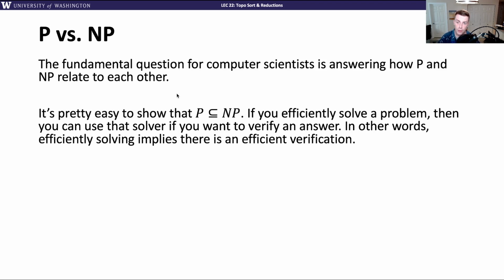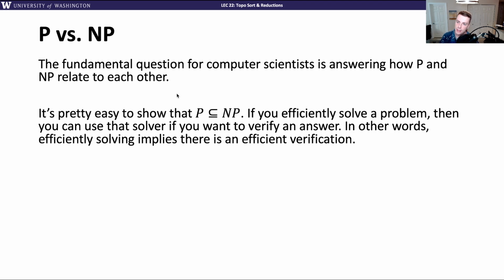If you're able to efficiently solve a problem, meaning it's in P, then you should already get an efficient verifier as well, right? You could just use your algorithm to solve the problem as your verification step. So someone asks you to verify this answer, you just run the algorithm, you know how to solve it because that's efficient. And then you can verify the answer that they gave you. So any problem that's in P is definitely going to be in NP as well.